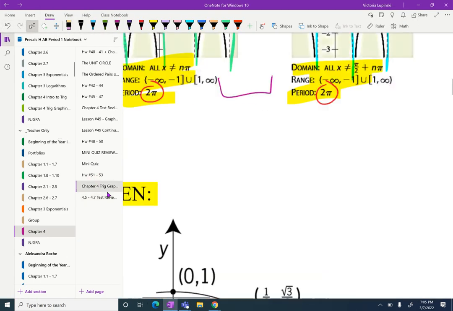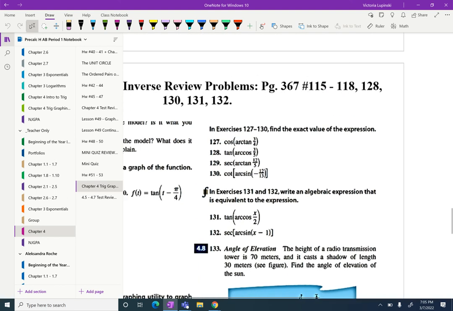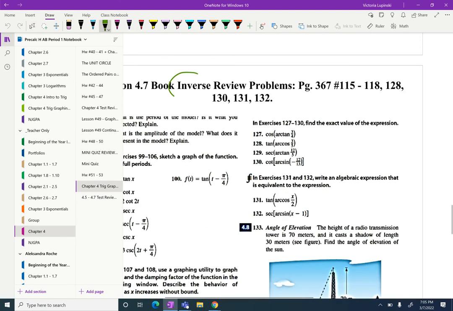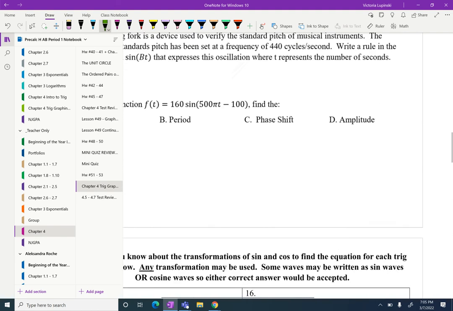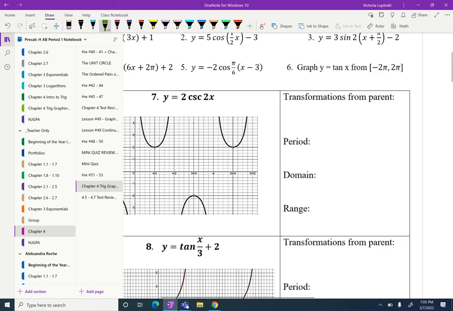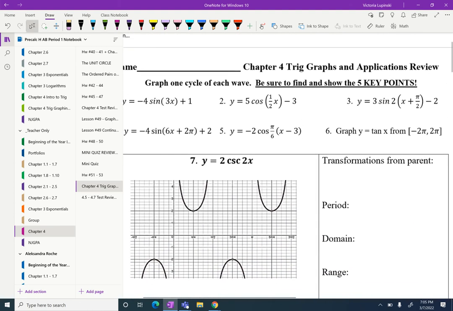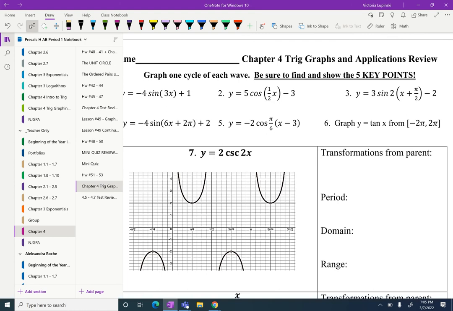But let me go back to the review sheet here. Again, just looking at the review sheet in general, we just did some of the inverse problems, and the truth is, I don't know that there's all that much to it. When it comes to anything related to the other 4 trig functions, hopefully what I just went over made sense. If I'm going to do one of the ones here, why don't I do number 3?